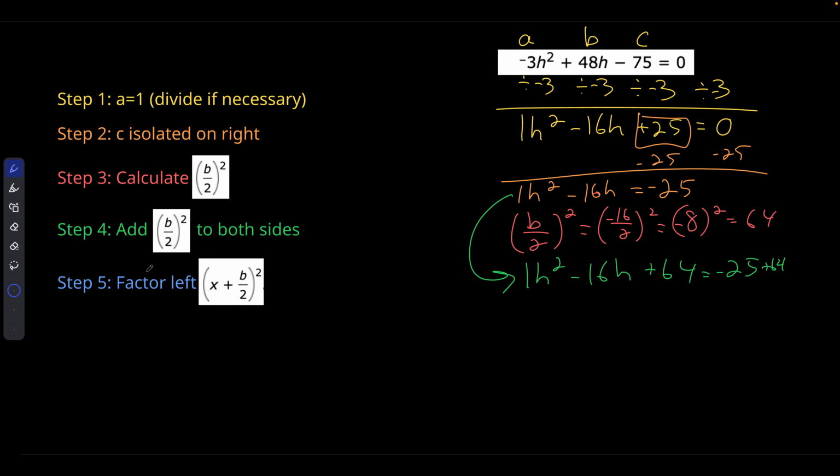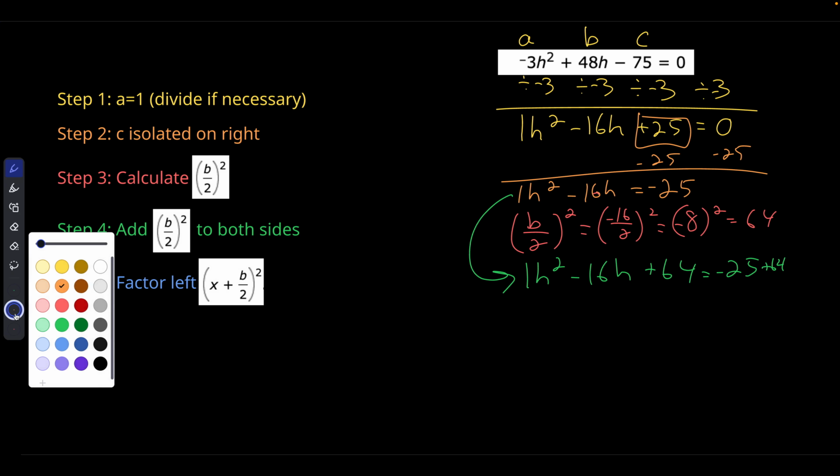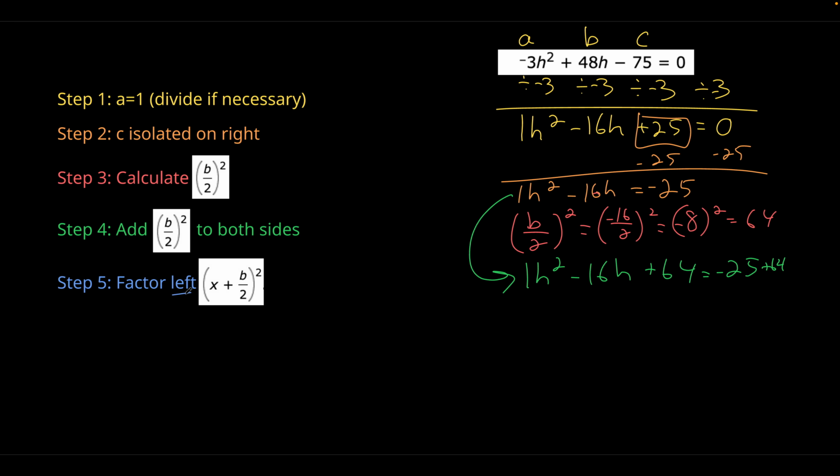All right, last step here. It says to factor the left side into (x plus b over 2) squared. Here we have h's, so it's going to be (h plus b over 2) squared. b over 2 is -8, so this is (h plus -8) squared.